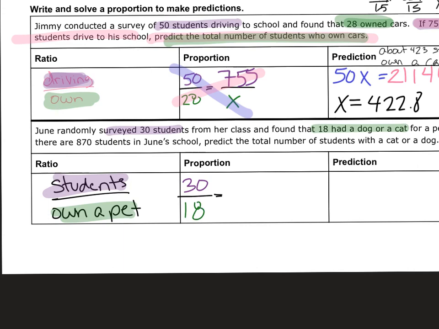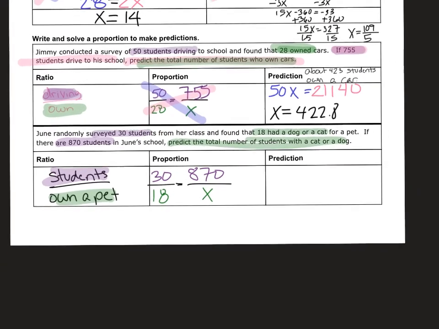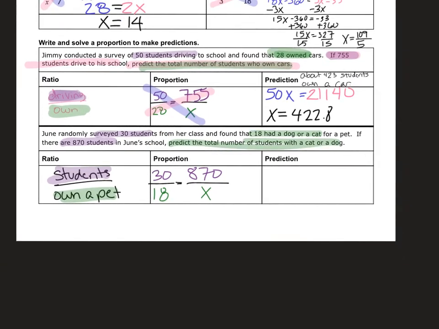Now we're going to go ahead and say, okay, in the whole campus, how many students are there in the whole campus? Good, so we're looking at 870, and of that 870, how many own a pet? That's what we're going to predict. So we're going to go ahead and let x represent that. So now we can go ahead and do our prediction by using that cross product property.